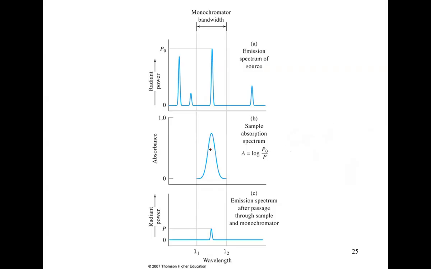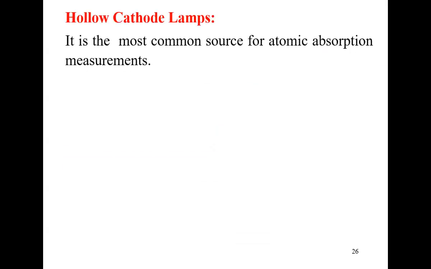After the radiation goes through the sample and the monochromator, you see some amount of this radiation is absorbed, hence the height of the peak, as you see there, is decreased. So that is what the words were saying. We have to know the wavelength of radiation that we are going to use, and we make use of the hollow cathode lamp.